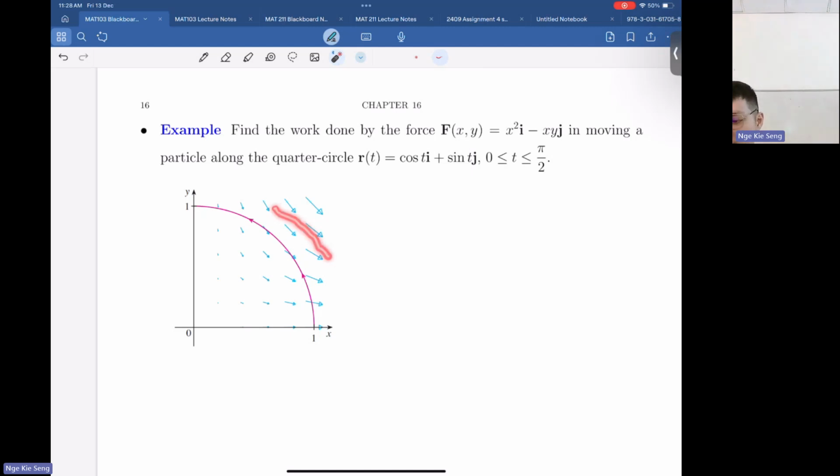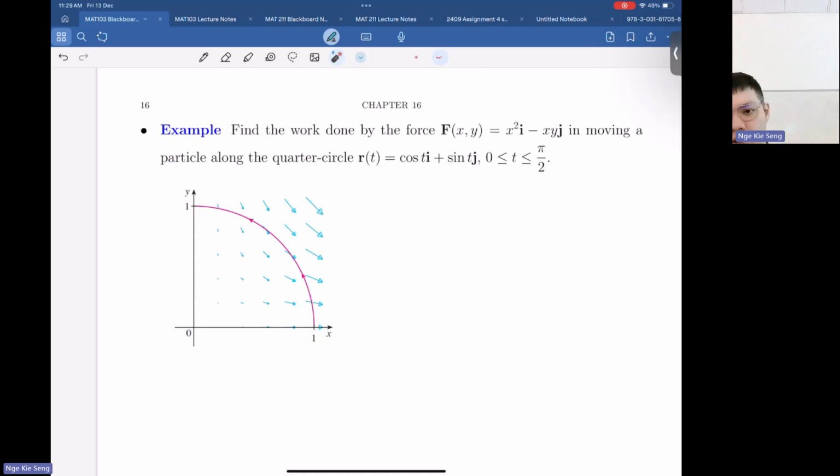And once the particle flows, it will induce a displacement. Then you can compute the work done. So let's see what's the work done by this vector field if you want to move this particle along this path here.